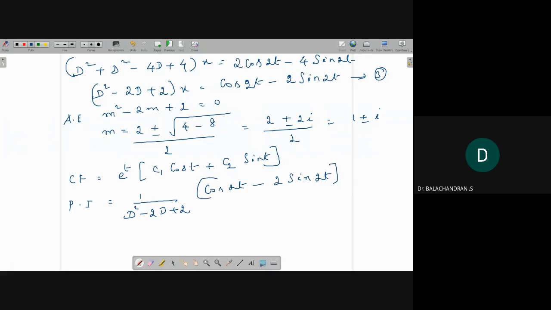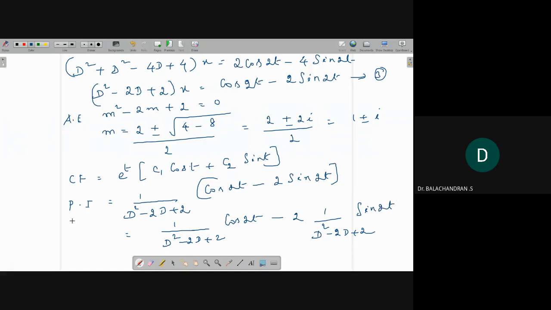So split into two PIs, PI1 and PI2. PI equals 1 by (D square minus 2D plus 2) into cos 2t, minus 2 into 1 by (D square minus 2D plus 2) into sin 2t.